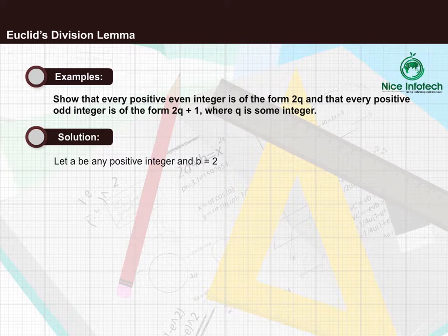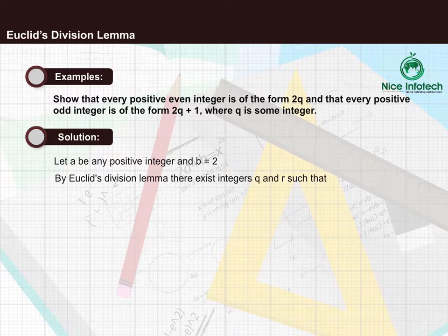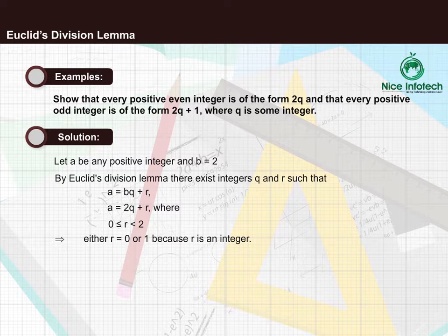Solution. Let a be any positive integer and b equal to 2. By Euclid's division lemma, there exist integers q and r such that a is equal to b times q plus r, where the value of r is greater than or equal to 0 and less than 2. This implies either r is 0 or 1 because r is an integer.